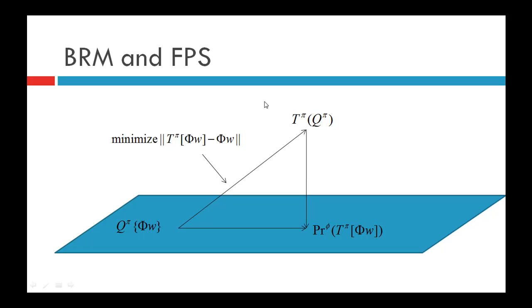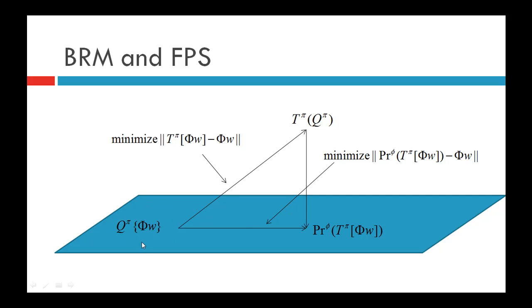That is, BRM tries to minimize this side of the triangle. And the fixed point solution is given as Pr phi times T pi of phi w, this component, minus phi w, this component.